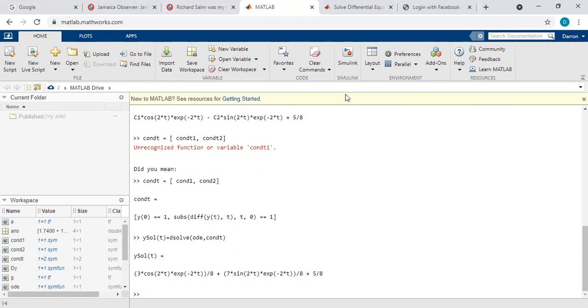Okay. So we just wanted to point out that you have various methods that you can use to solve a differential equation, and you are free to use whatever methods you want.